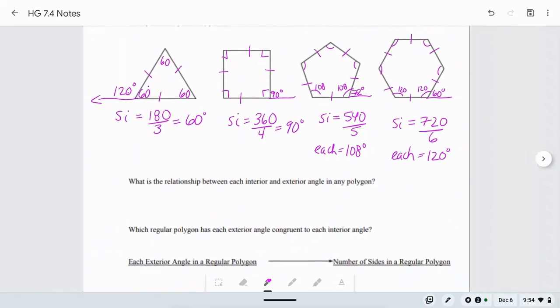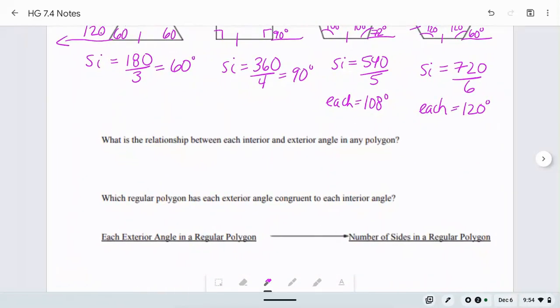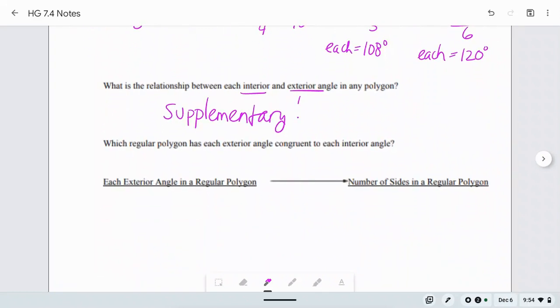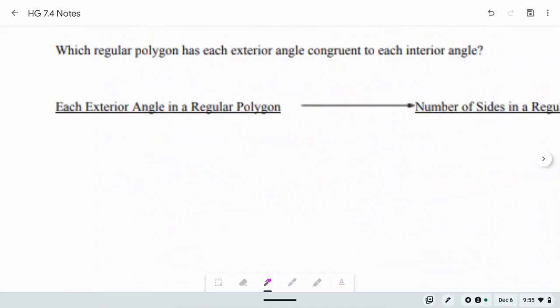So as we already mentioned, what is the relationship between each interior and each exterior angle in any polygon? They're always going to be supplementary to each other because they're always going to fall on a straight angle. And then which regular polygon has each exterior angle congruent to each interior angle?